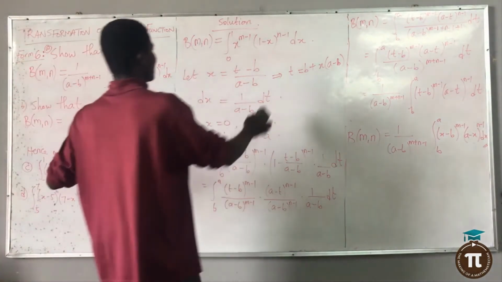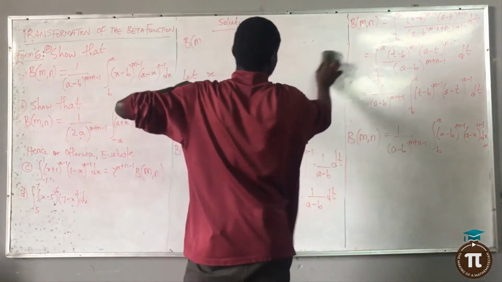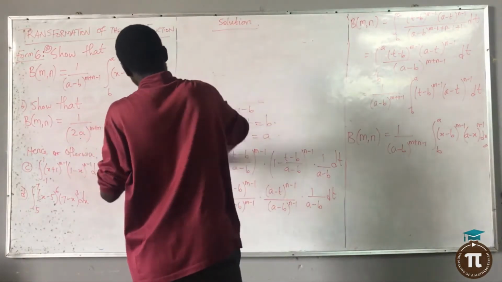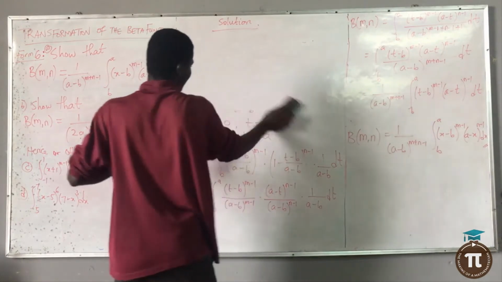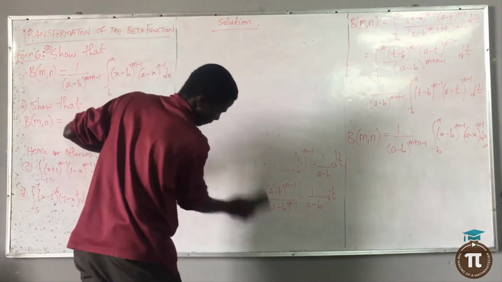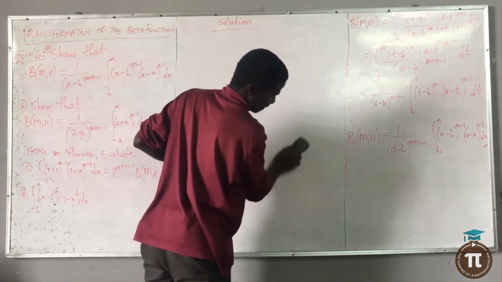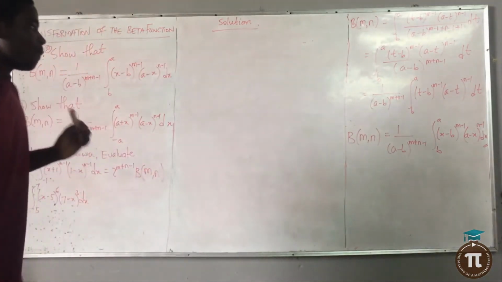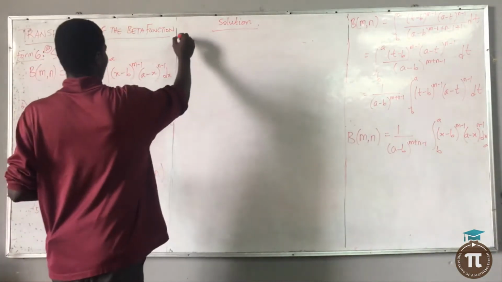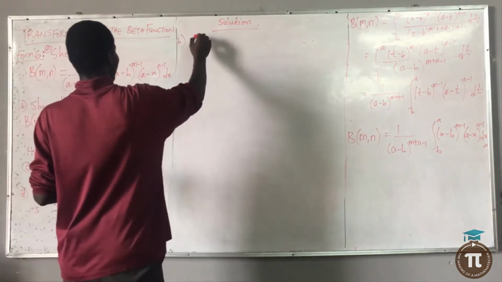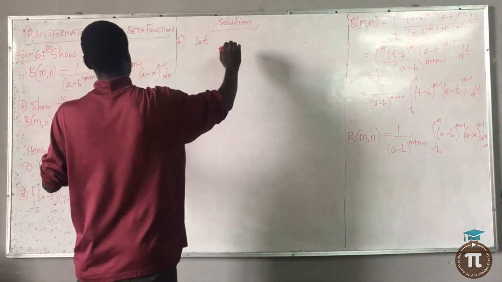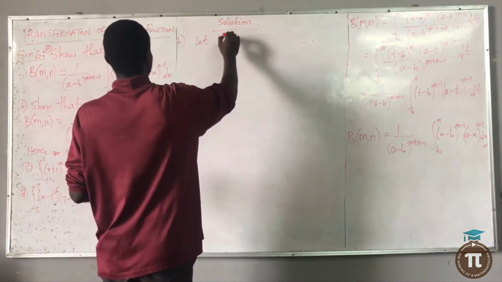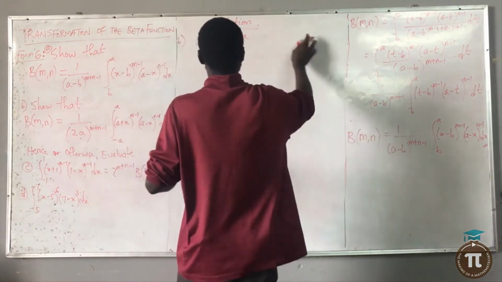Now to come to b, to prove b is very simple. We are going to use a to prove b. So for b, just let b be equal to minus a.